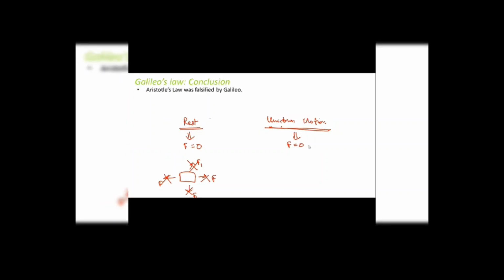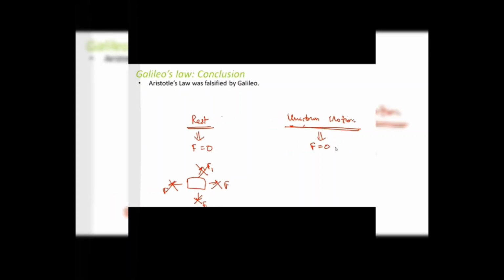That is, in both cases, the net force acting on a body is zero. But that doesn't mean there's no force acting on a body. It means either there is no force acting on the body, or the body is under the influence of balanced forces. So this was Aristotle's and Galileo's studies and research.